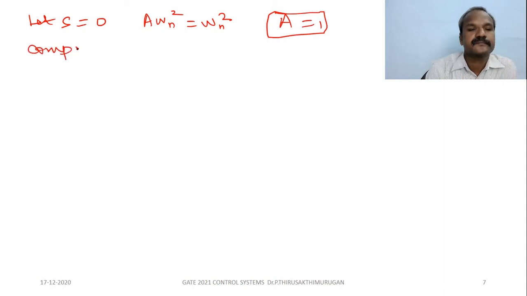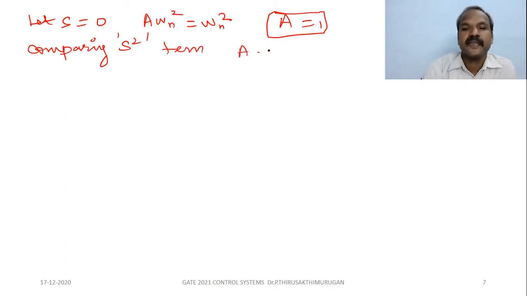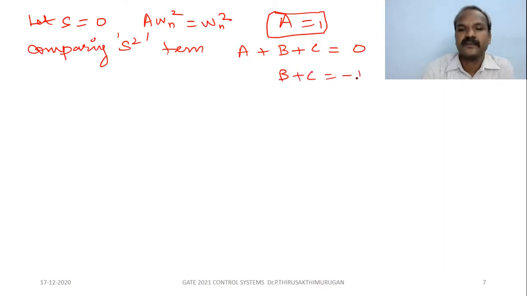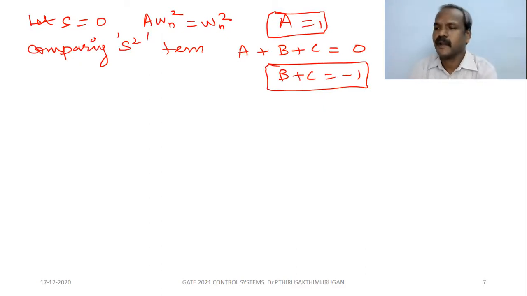So it becomes A plus B plus C equal to 0. Okay. So A equal to 1, so B plus C equal to minus 1.